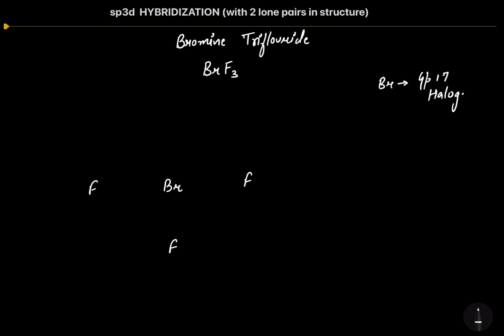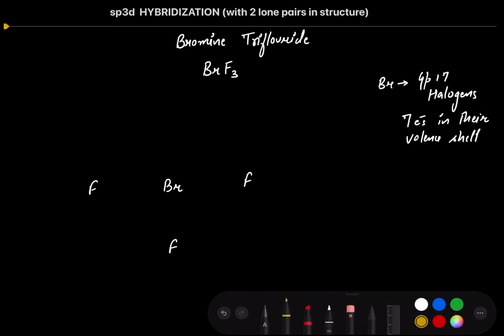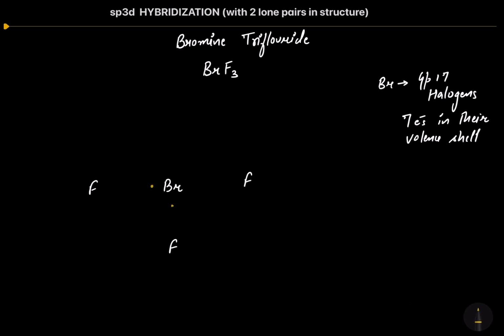And we all know that halogens have 7 electrons in their valence shell. Now let's mark the 7 electrons around the bromine in the Lewis structure. That's the first electron, second electron, third electron, fourth electron, fifth electron, sixth electron, and the seventh electron.